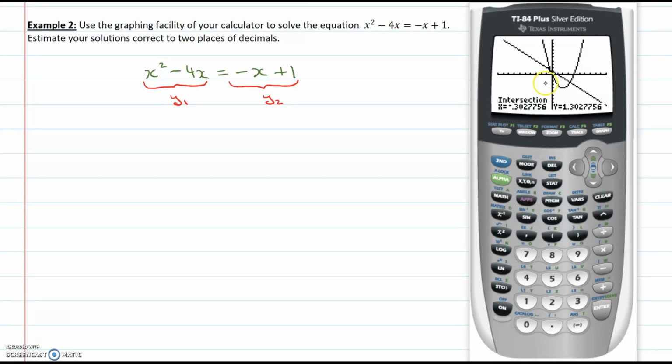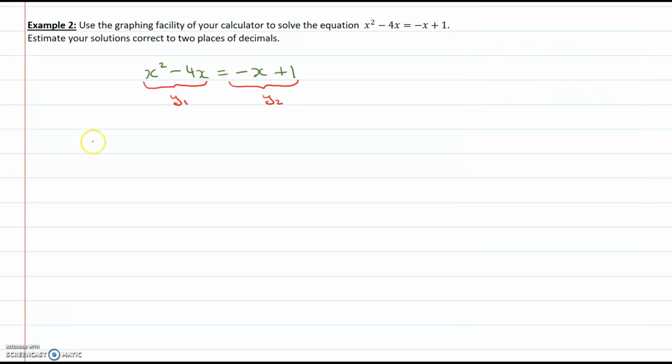There is a cursor flashing here, close to the origin, and it's telling us that the x value there is negative 0.30277756. Let's write down the first 4 or 5 digits. So the first value, x, is equal to negative 0.30277.